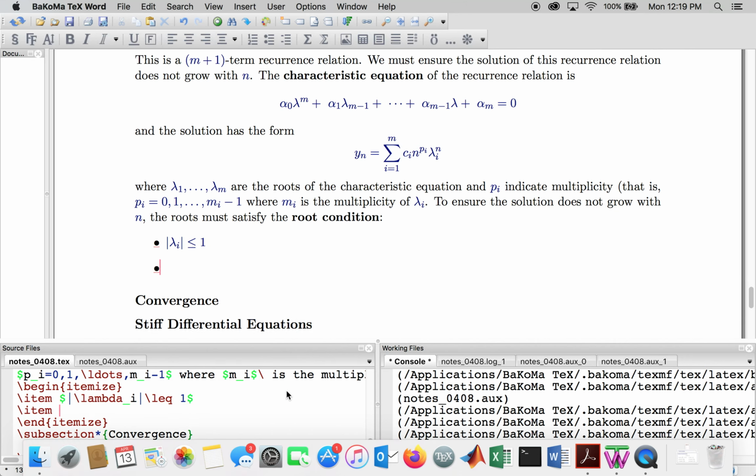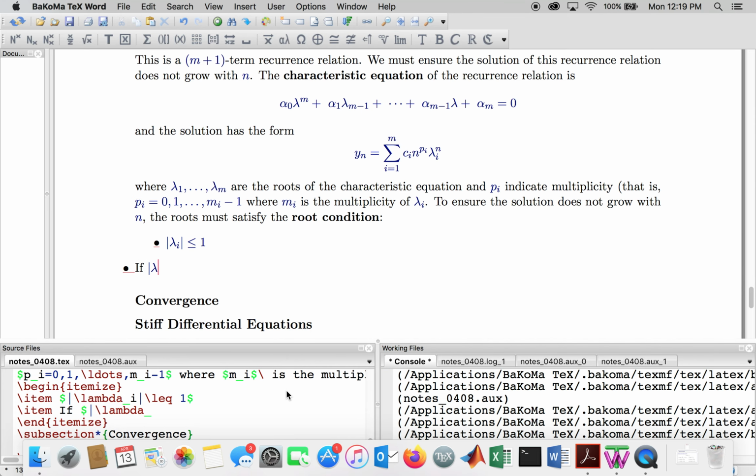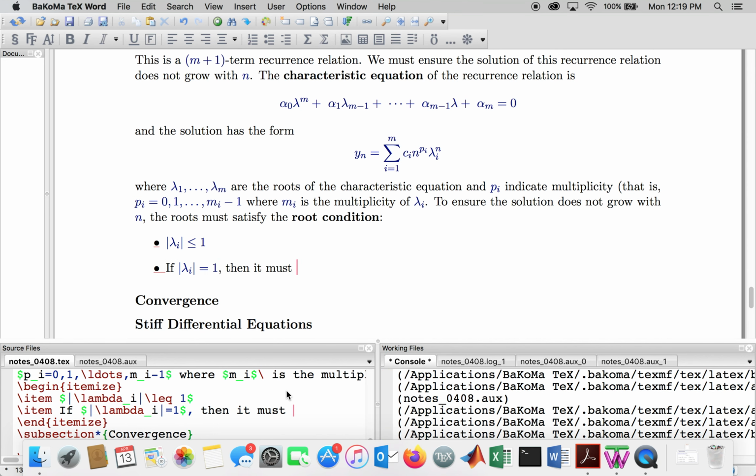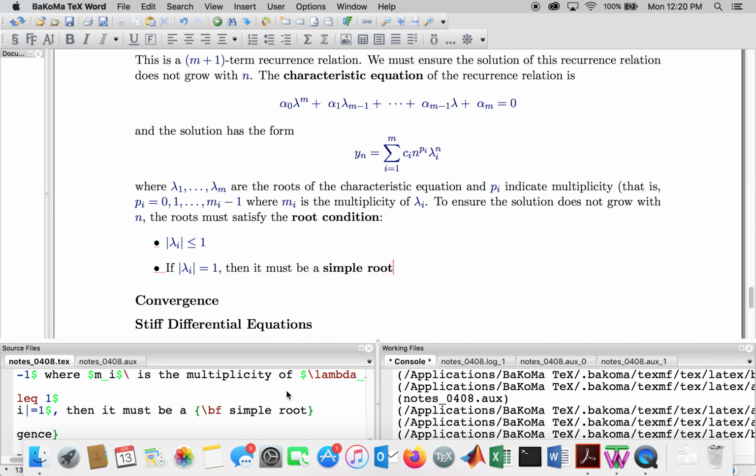The other condition is if it is equal to 1 in absolute value, then it cannot be a repeated root, because if it's a repeated root, even though lambda i to the n won't lead to any growth in magnitude, say if it's a double root, you're going to have a factor of n in one of the terms, and that will lead to growth in the magnitude of yn.